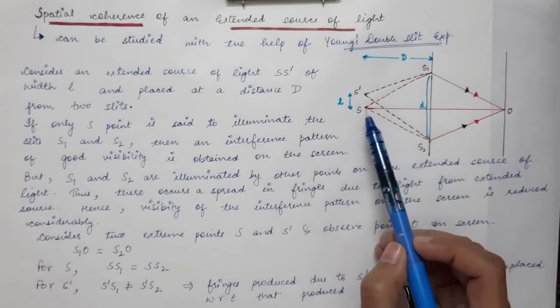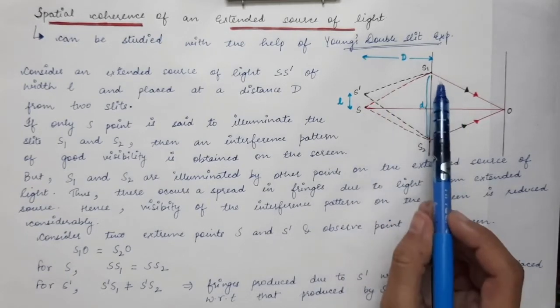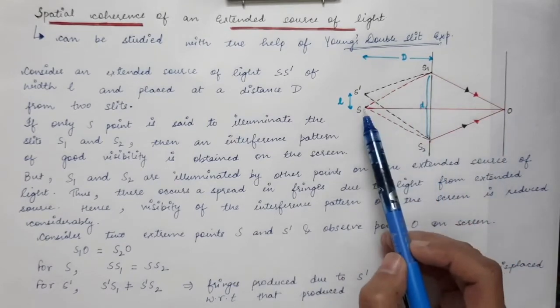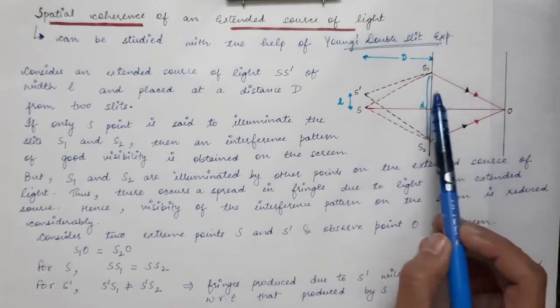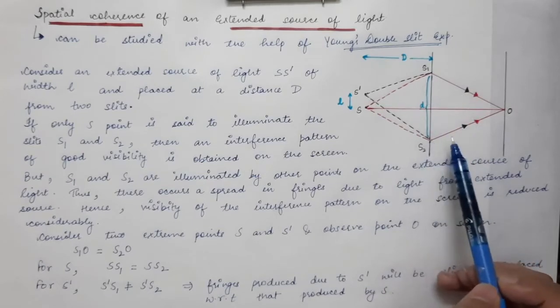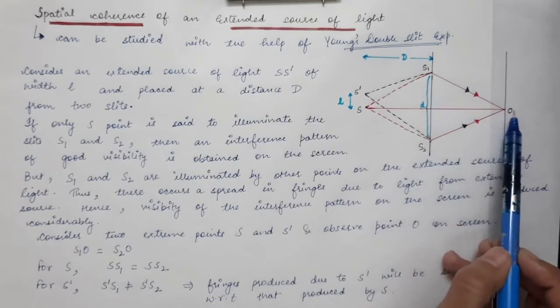Light from the S source will fall on S1 and S2, and using the Huygens principle it will go in all directions, but we are just considering the light rays which reach the O point on the screen.